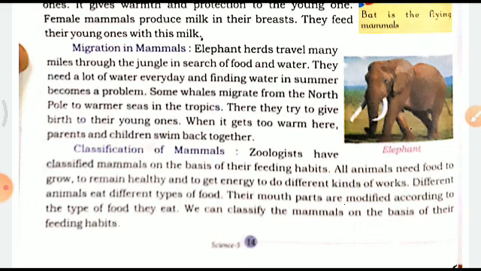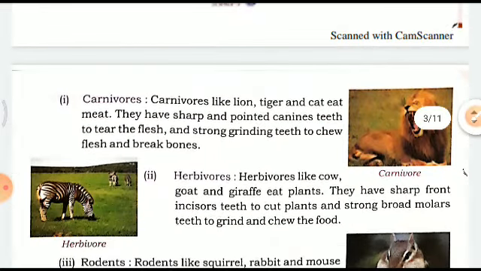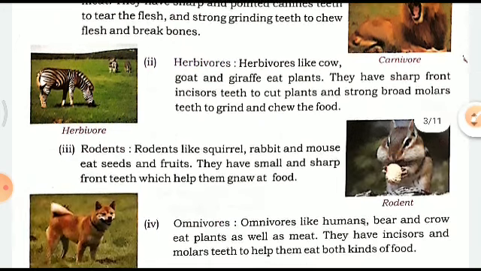Then we studied about classification of mammals. Mammals are classified into four subgroups: carnivorous are meat eaters, herbivorous are plant eaters, rodents gnaw their food, which is basically seeds or fruits, and then we saw omnivorous, which are both plant as well as meat eaters.